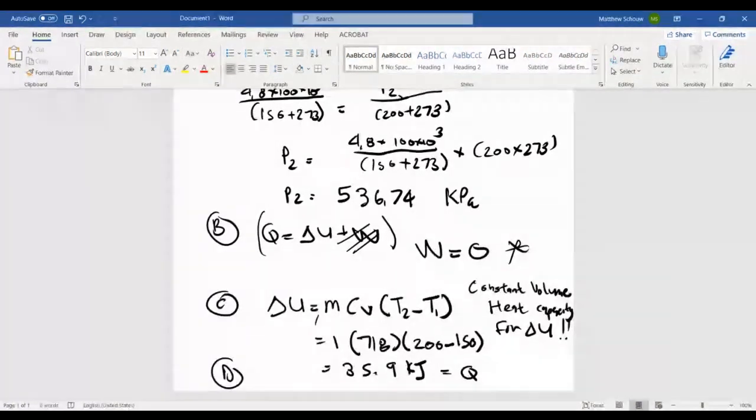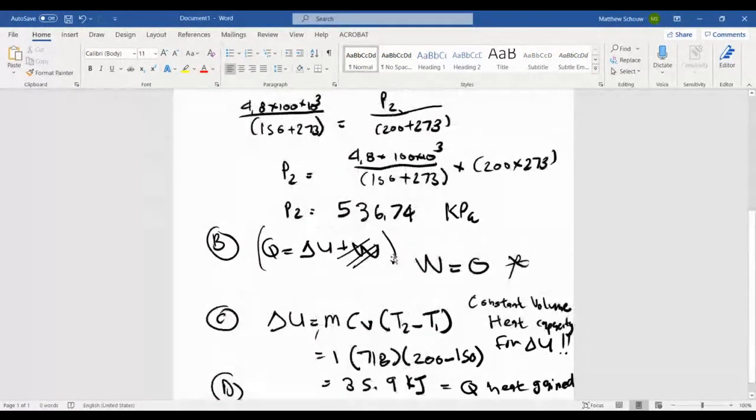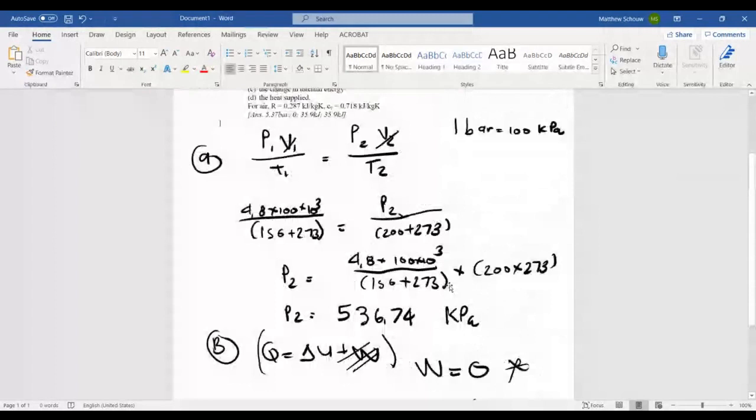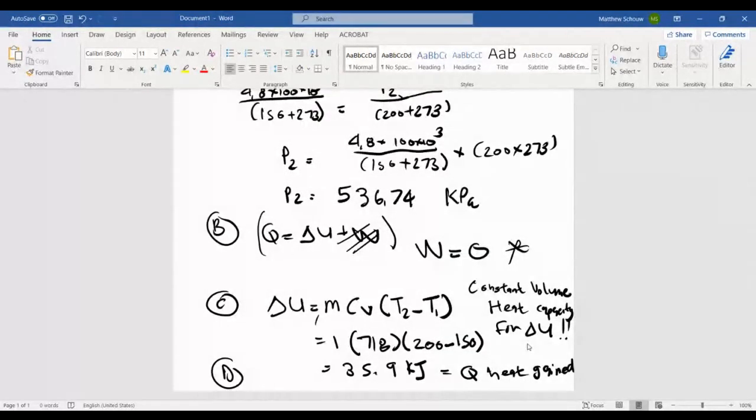And what's important to note for all these questions, I want to make you aware of something. We should state whether heat was gained or lost. In this case, heat was gained. Right? This is very important because it makes sense that heat was gained as an increase in temperature was applicable. And also there's an increase in internal energy, likewise, due to the positive sign.